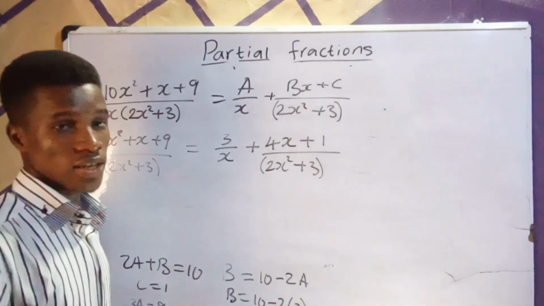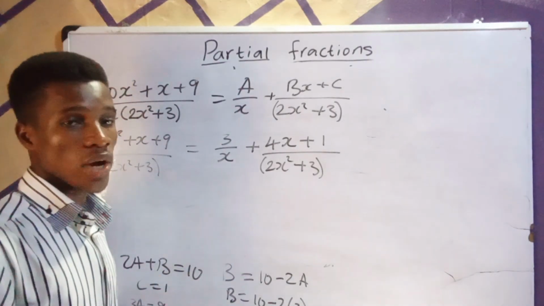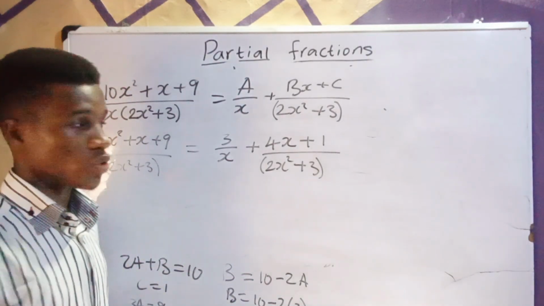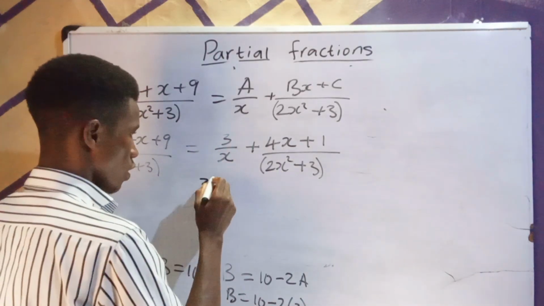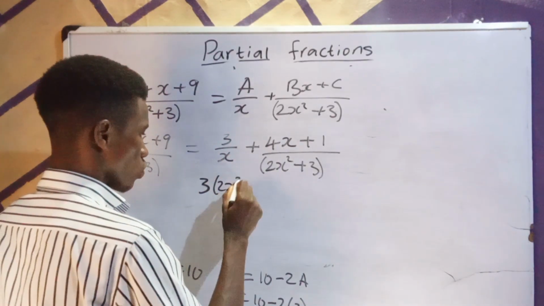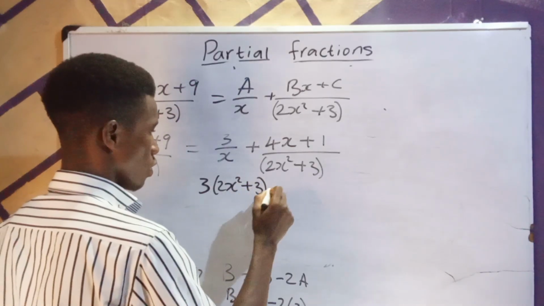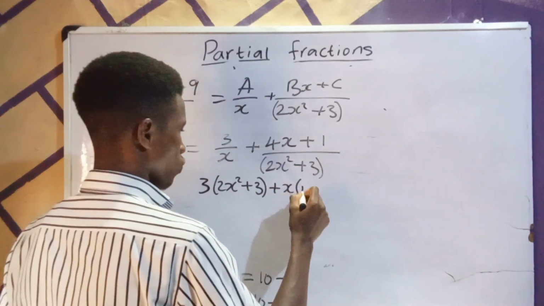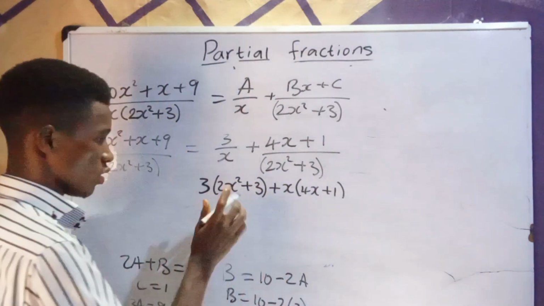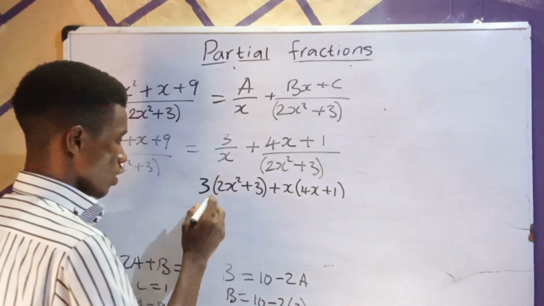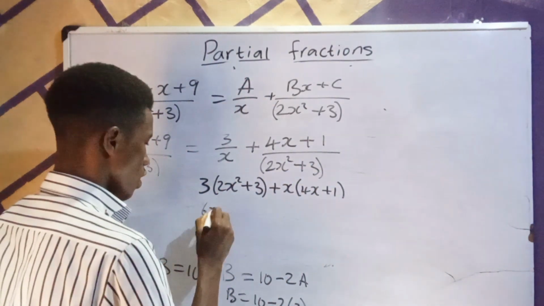So we can proceed to verify. One interesting thing about this is that you can always know when you are wrong or when you are right. So let's check if we are right. When we do the same process, we have 3 into 2x squared plus 3 plus x into 4x plus 1. Let's not care much about the denominator. So this and this, we have 6x squared.